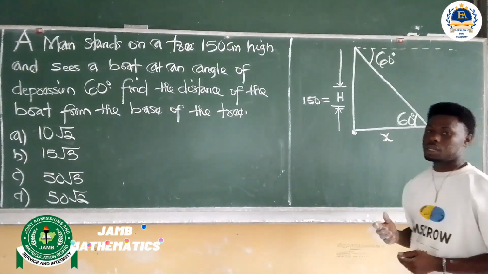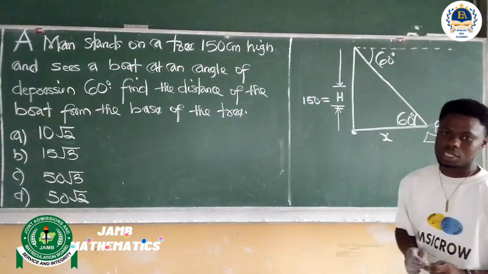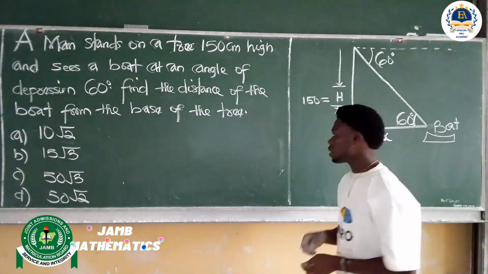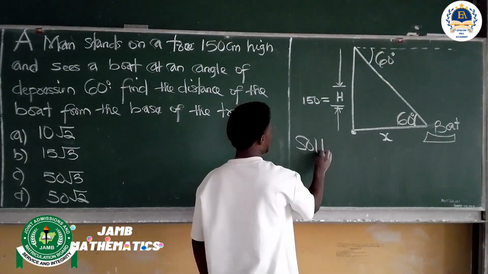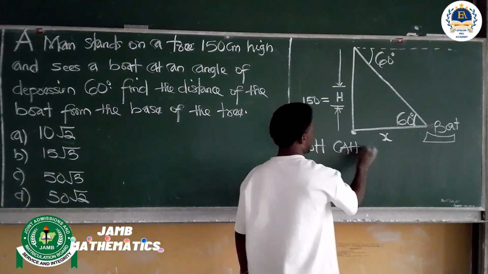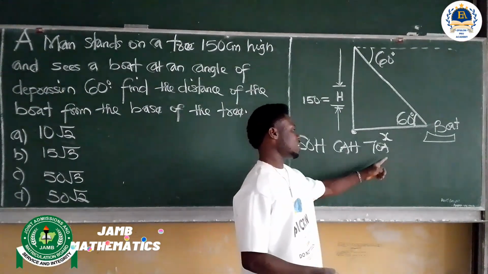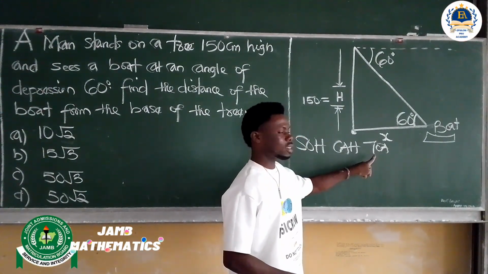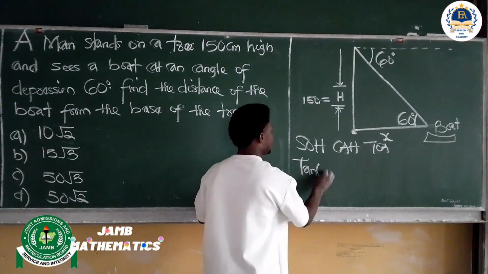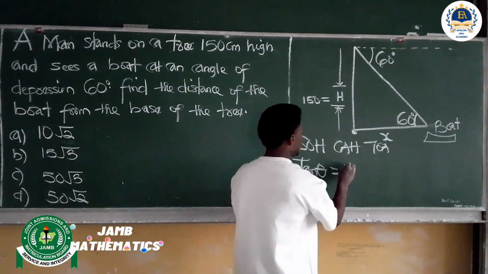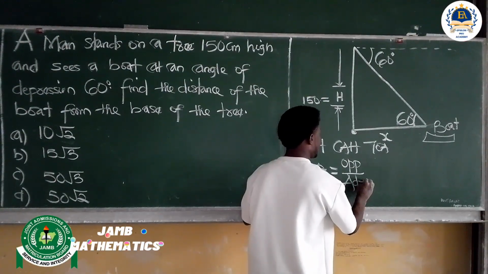We are going to consider the relationship between this side and this side, between the opposite and the adjacent. Such a relationship is called the tan. Using SOHCAHTOA, the relationship between the opposite and adjacent is called the tan. So we are going to have that tan theta is equal to opposite over adjacent.